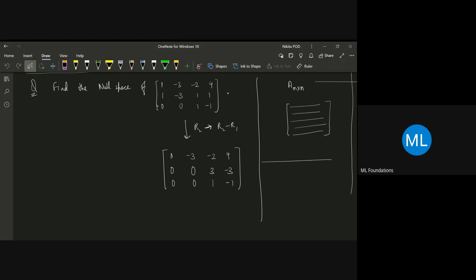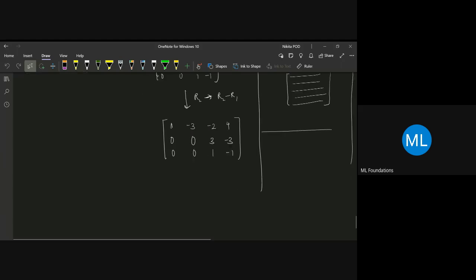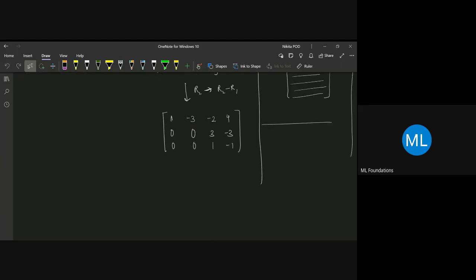How will you write the null space for this matrix? X2 and X4 are free variables.